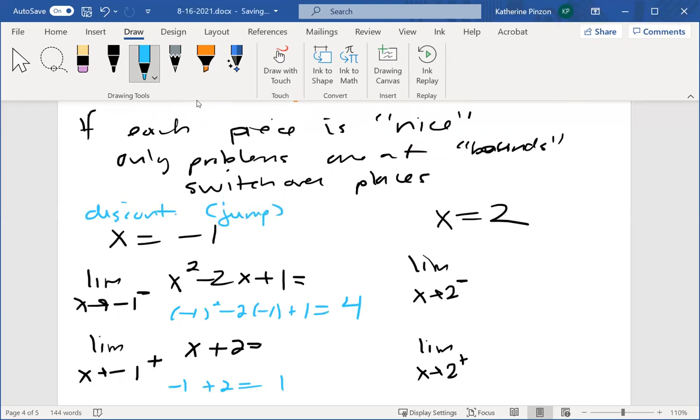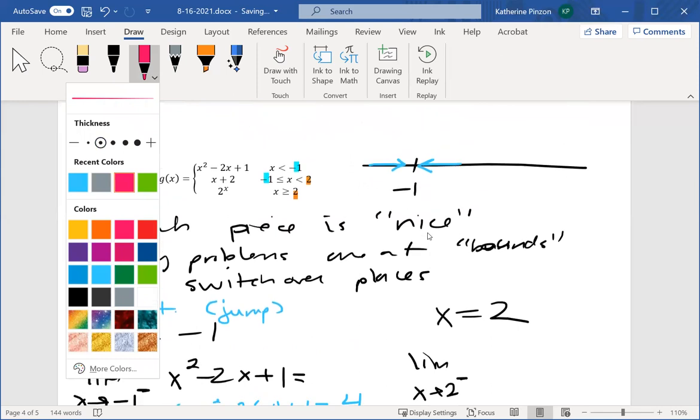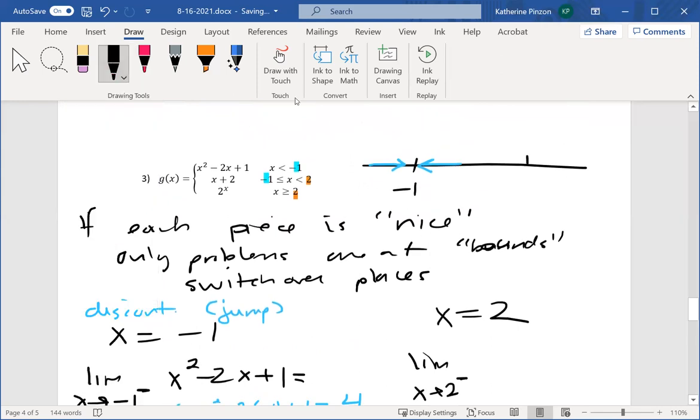Okay, I'm going to do the same thing again for x equals 2. Here's 2. First, I'm going to come towards 2 from the left. If I'm coming towards 2 from the left, I'm using numbers that are a little bit smaller than 2, like 1.9. Which of these 3 pieces are you going to use?